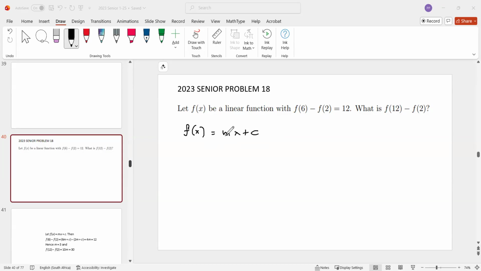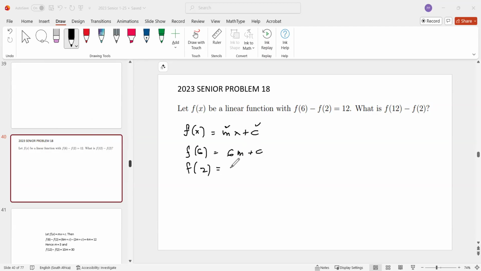Okay, so you got a linear function. We don't know what m is, what c is. But it's given that f of 6 is, if you substitute 6 for x, you have m times 6, which is 6m plus c. And f of 12, oh no, I'm sorry, f of 2 is mentioned here. So let's look at f of 2.